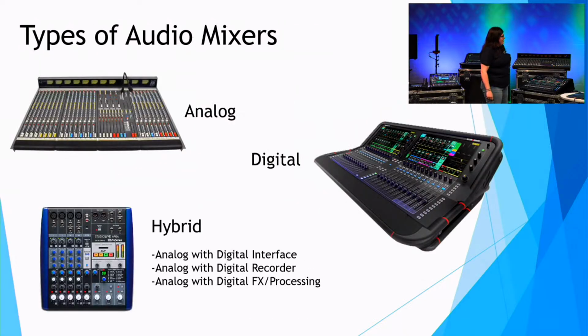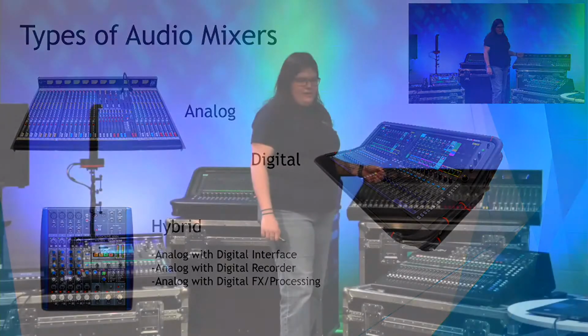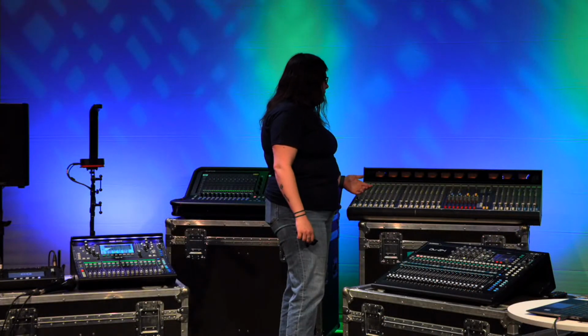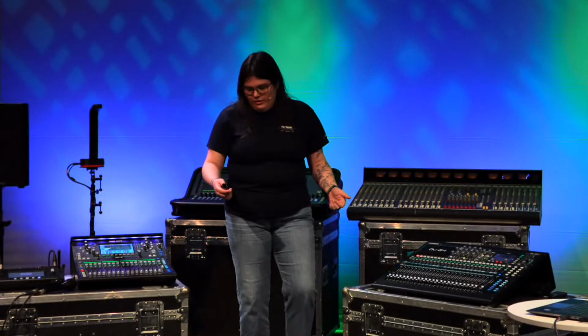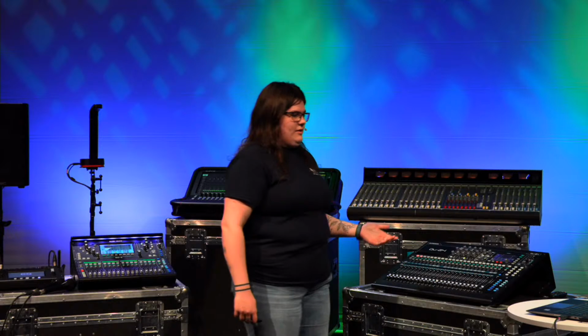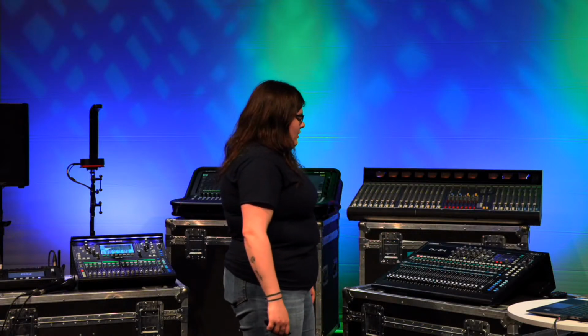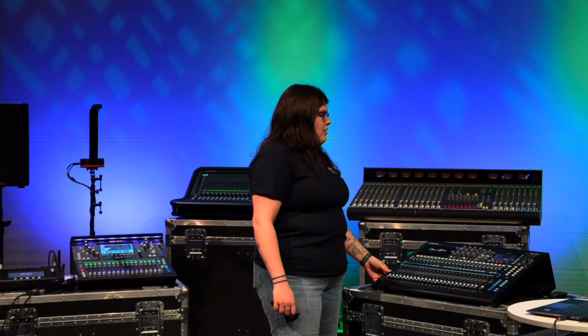All right, so now that we know what's the point: they receive, they process, they output. What are the different types that can do that? Most people will know about old faithful analog consoles here. Very, I don't want to say simple, but electronically straightforward. Not a whole lot of electronic processing, that is the whole point. And then from there we also have digital consoles as a contrast.